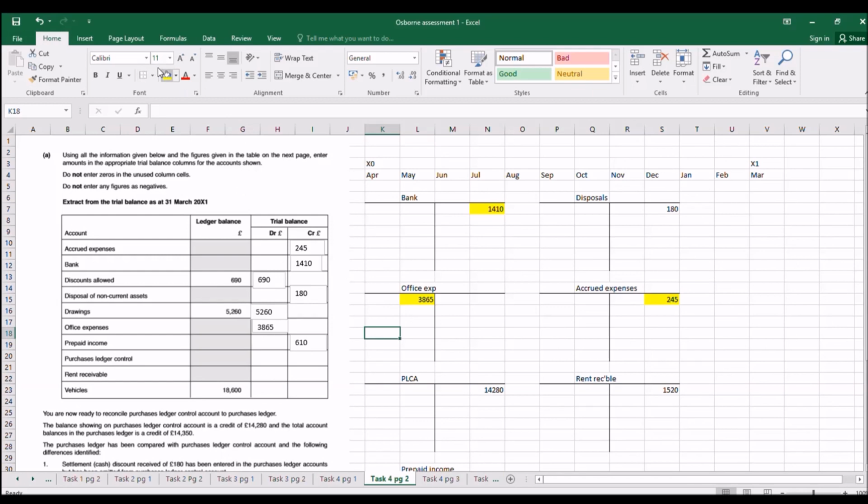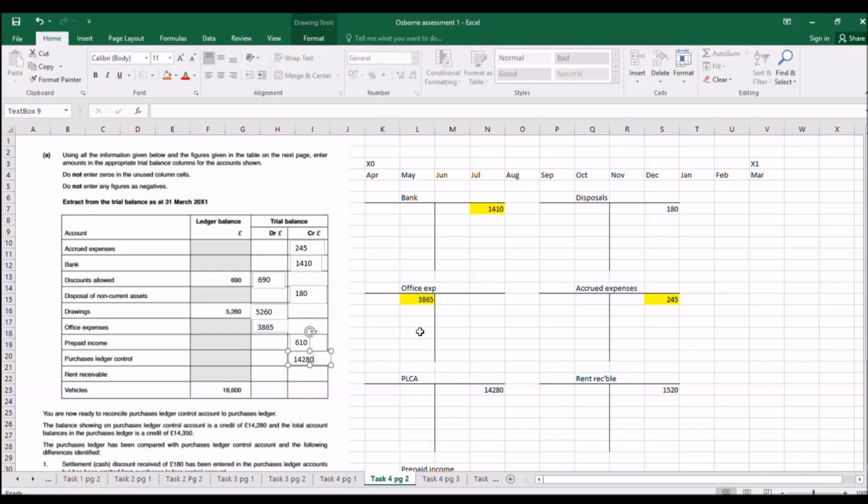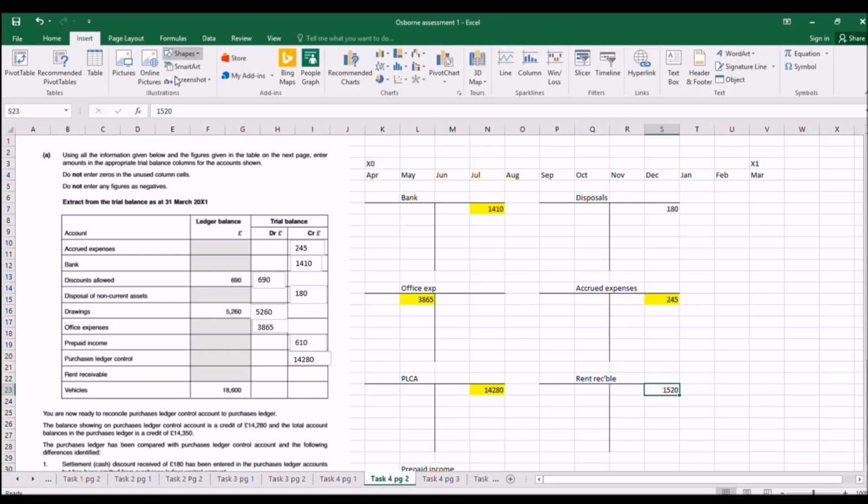Purchase ledger control account. Our liabilities to our suppliers, 14,280. Yep. And rent receivable credit of 1,520.